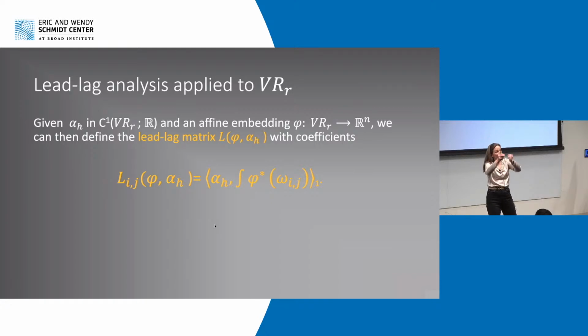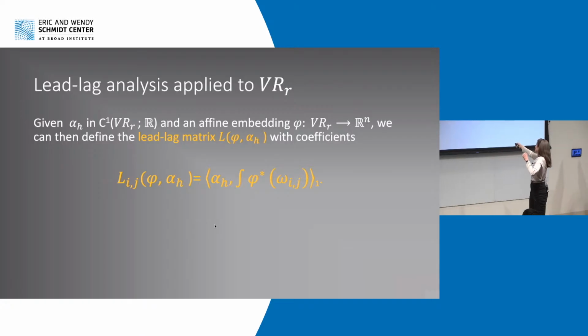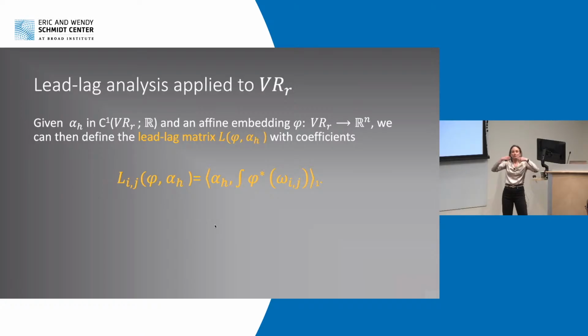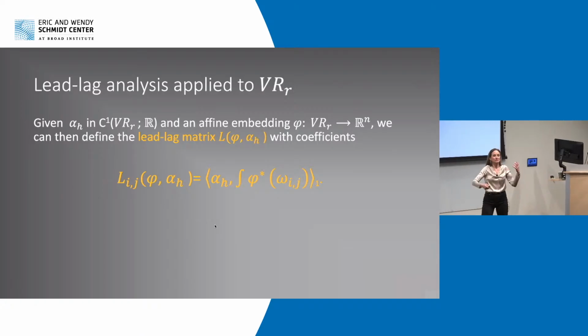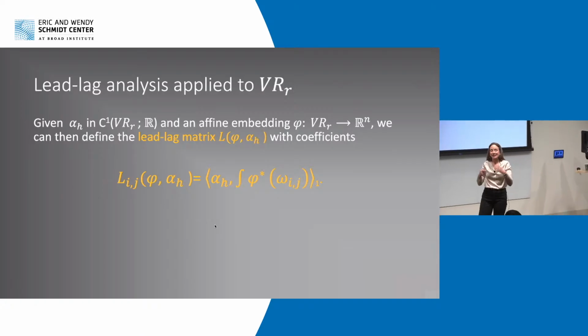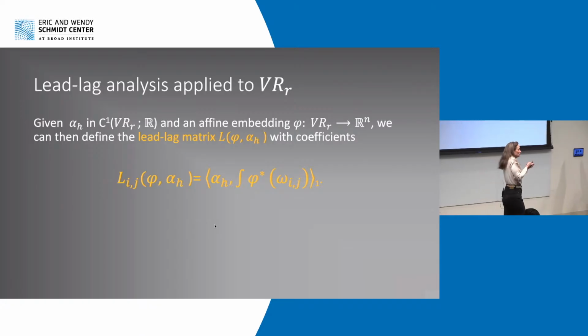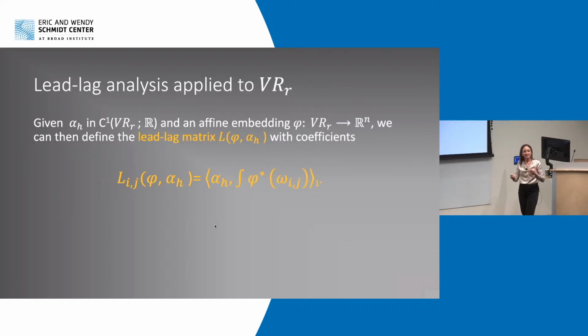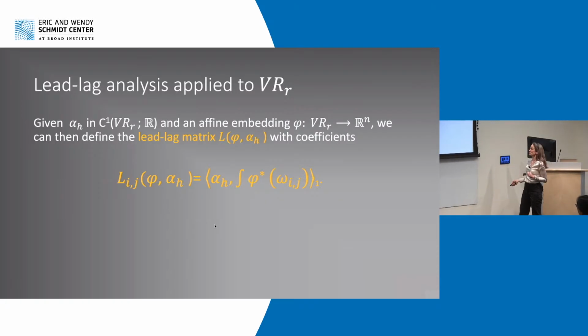If I look at the parallelogram that's determined by those two vectors, what this computes is the area of that parallelogram. And so this is computing some sort of linear combination of these signed areas of parallelograms weighted by alpha H, which is taking the density into account as well. So it's some sort of very sophisticated version of what we saw with the two-dimensional thing.